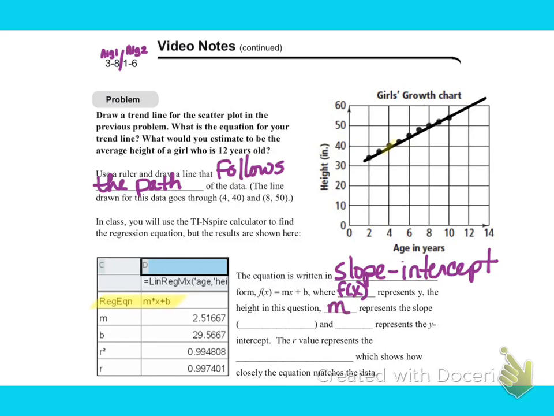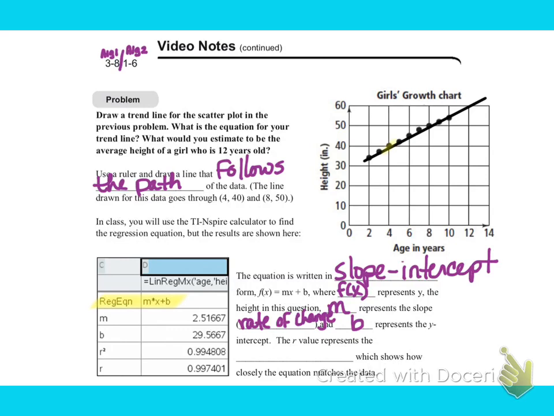Now you might see the term rate of change, and so it's good to know that rate of change is the same as slope with our graphs. The b value in the table represents the y-intercept, or the place where the graph crosses the y or the height axis.